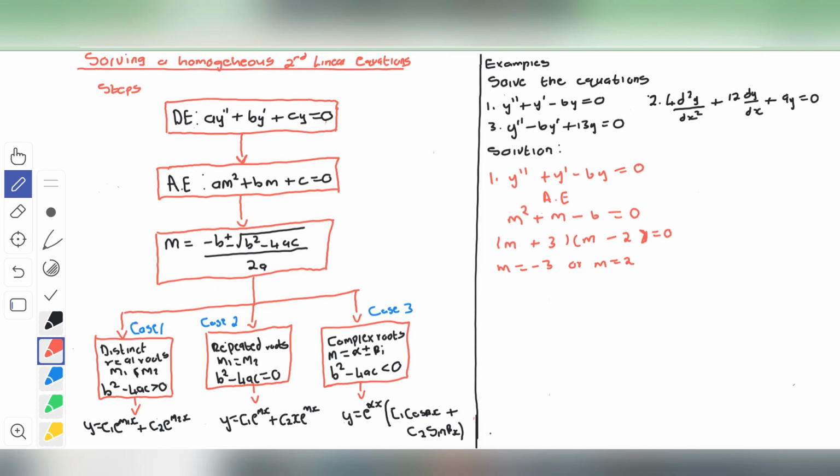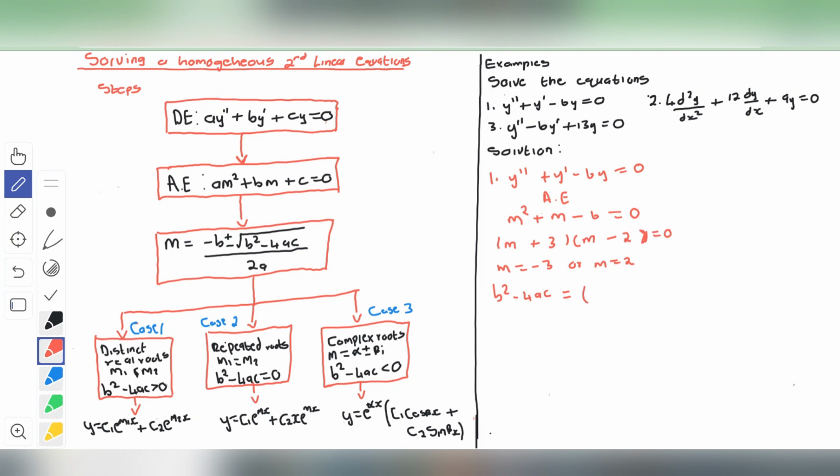So now we come to case 1, case 2, case 3. How do you know which formula you are going to use? That's where we write b squared minus 4ac, and we find its value.